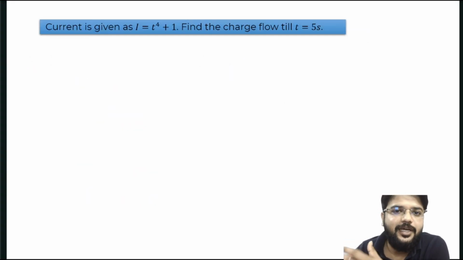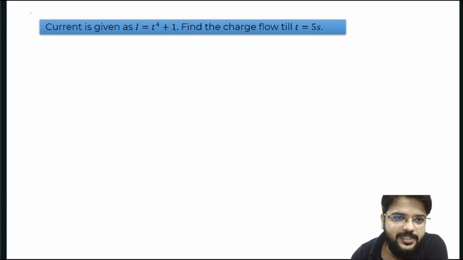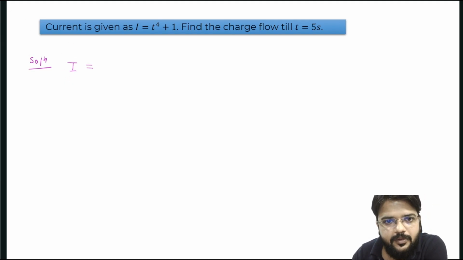Let's see the next question. Current is given as I equal to t power 4 plus 1. Find the charge flow till t equal to 5 seconds. So in this question we want how much charge is flowing till 5 seconds. Let's see how we can do this question, everyone. So here we have I equal to t power 4 plus 1.